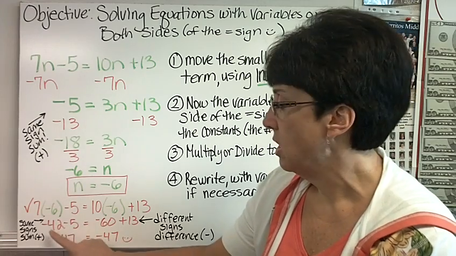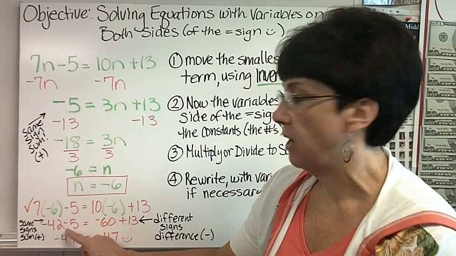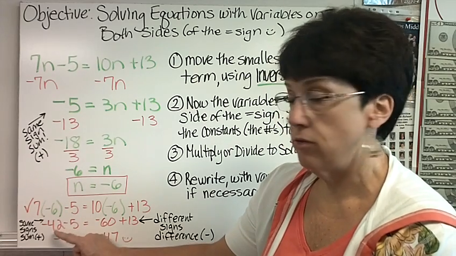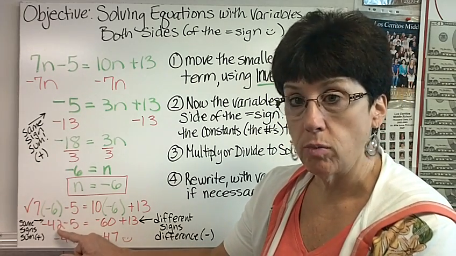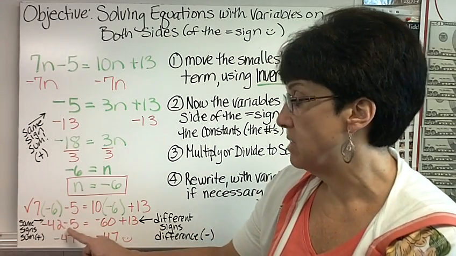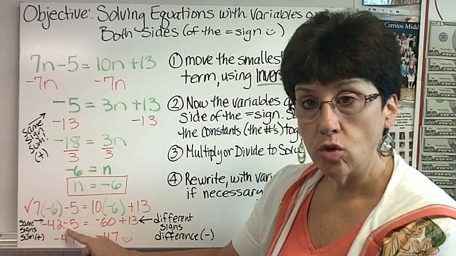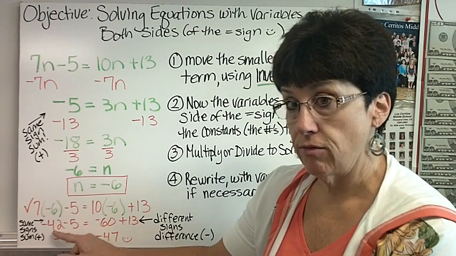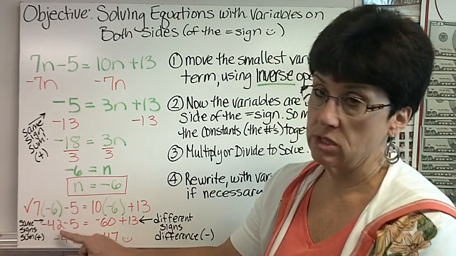Look at these sides now. -42, -5. There's the same sign in front of each number if you were just looking at the numbers to tell me if they were positives or negatives. So same sign, sum. You could also rewrite this as -42 plus -5 if you wanted to, and then they would stand out.